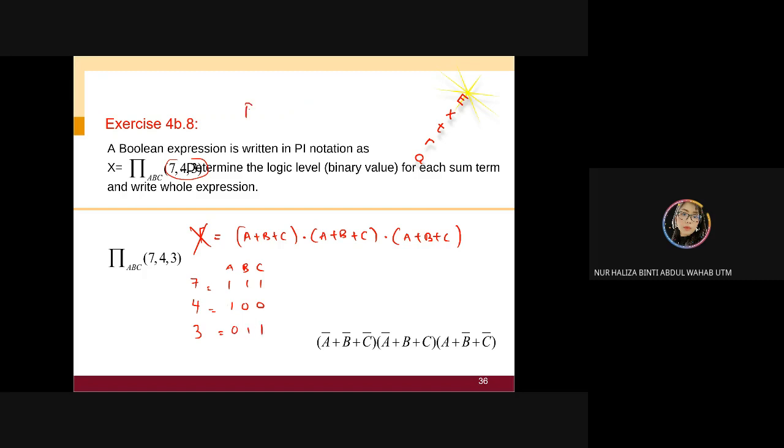And I need to remember POS: A is 0, A bar will be 1.